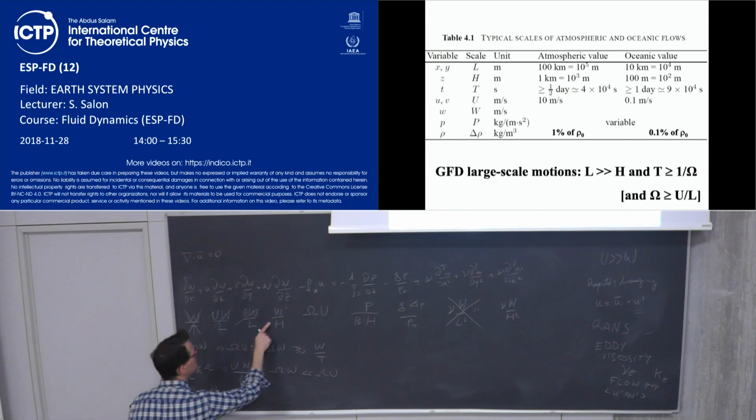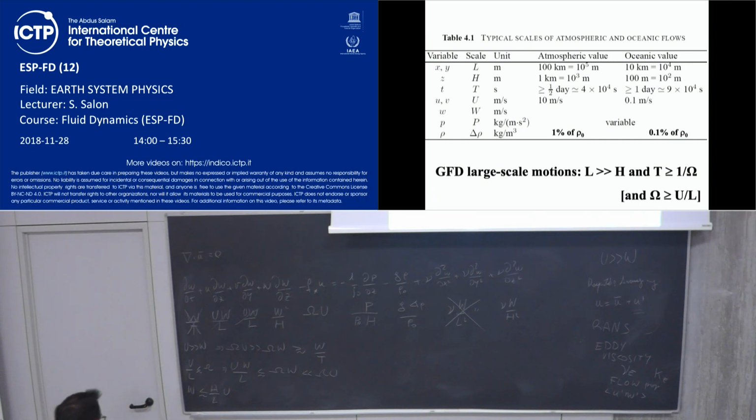So look a bit at this one. It means that W squared over H, so I multiply here by W and divide by H, will be less than, so we will have WU over L.